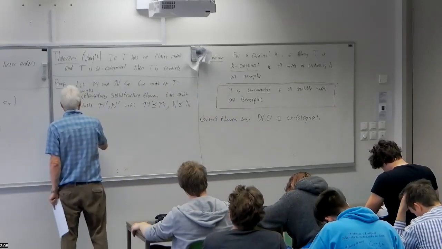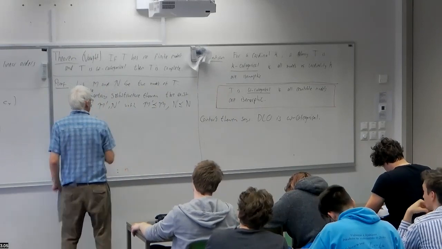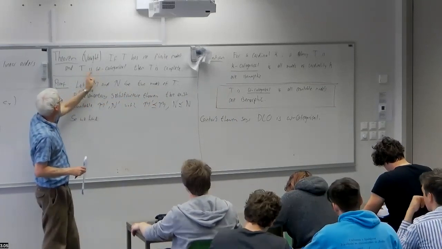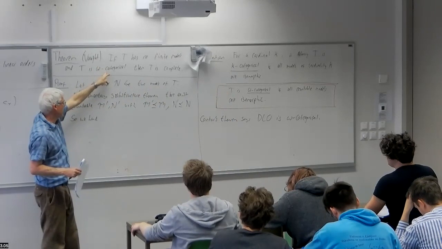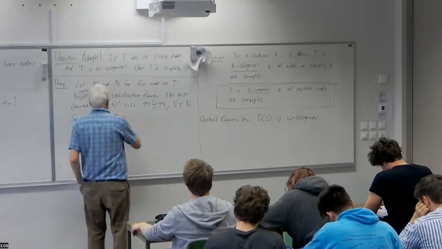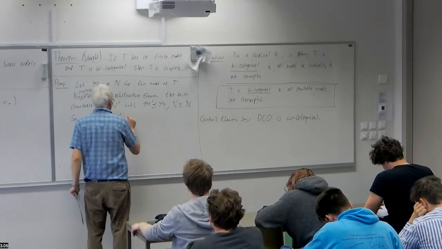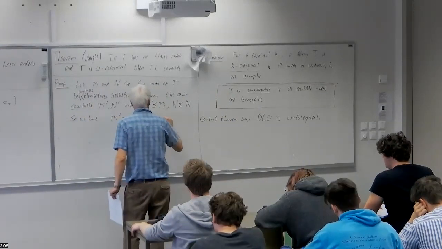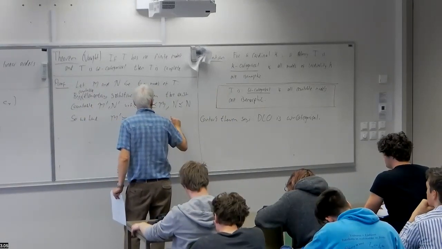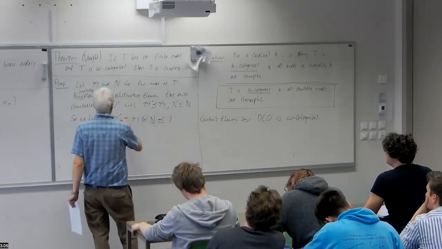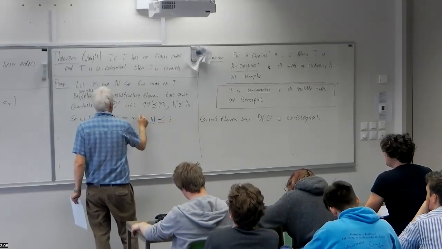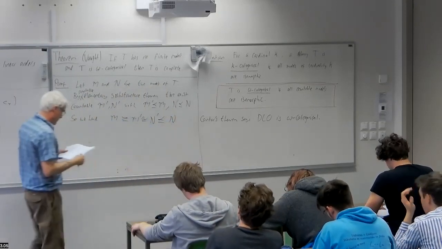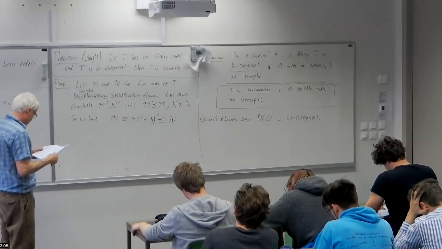So M prime and N prime are both countable, and the theory is assumed to be omega categorical, so M prime and N prime are isomorphic. So M is an elementary extension of M prime, which is isomorphic to N prime, which is an elementary substructure of N. Sorry, I had it the wrong way around before.